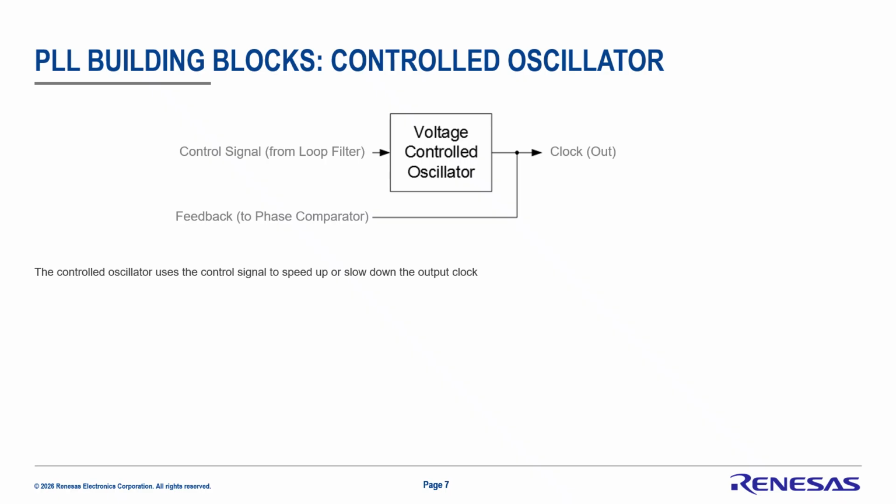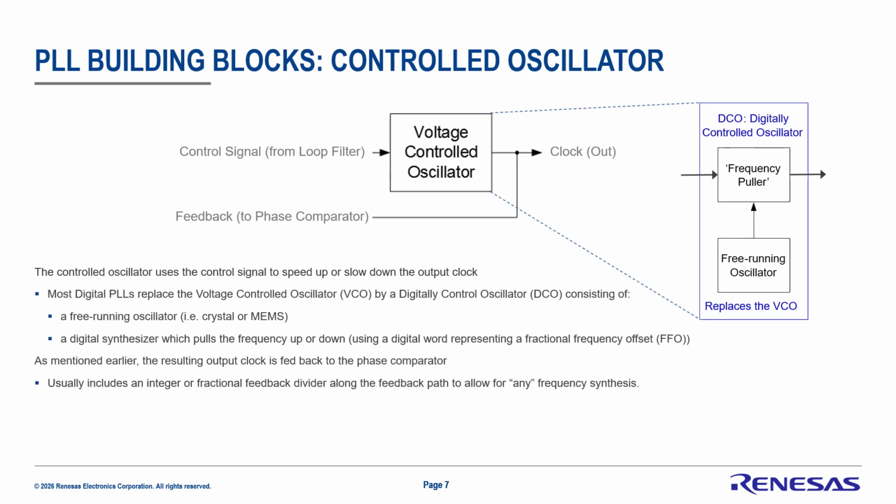The loop filter control signal then goes to a voltage-controlled oscillator circuit, which will speed up or slow down the output clock. Again, most digital phase lock loops replace the voltage-controlled oscillator with a digitally or numerically controlled oscillator.